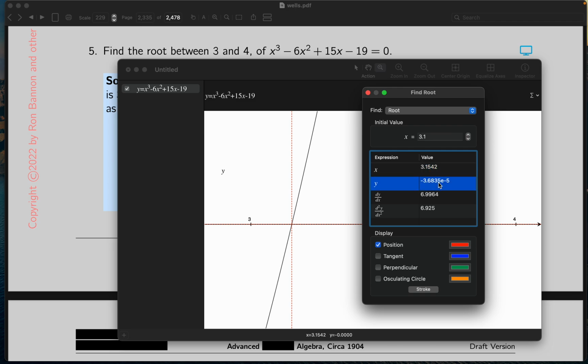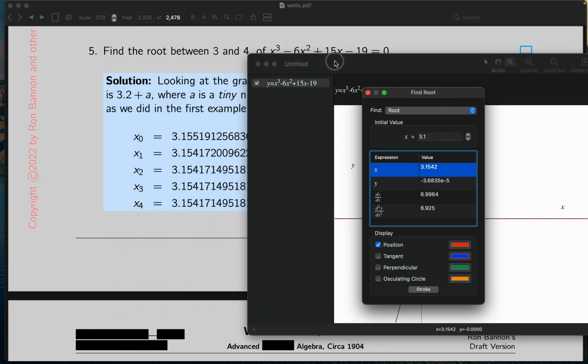The approximate y value at this point is a really tiny number, essentially 0. So the root's approximately 3.1542. You notice it's giving a pretty good level of precision.